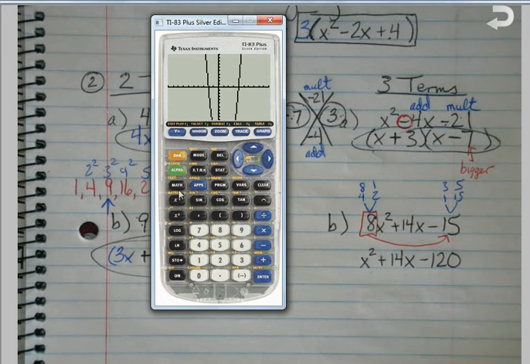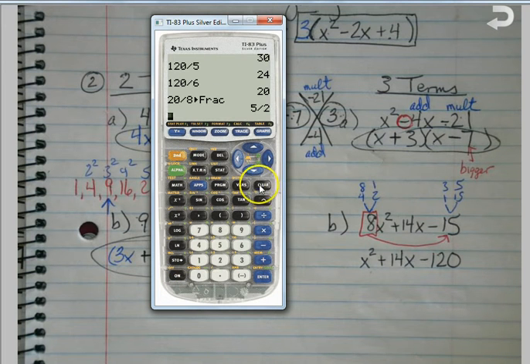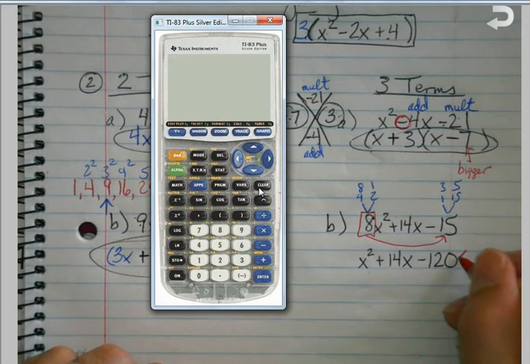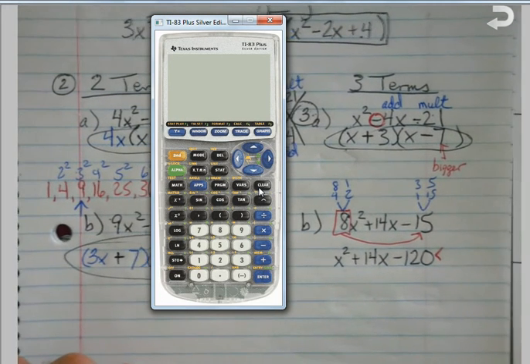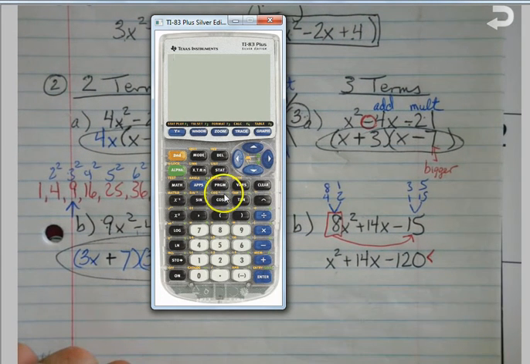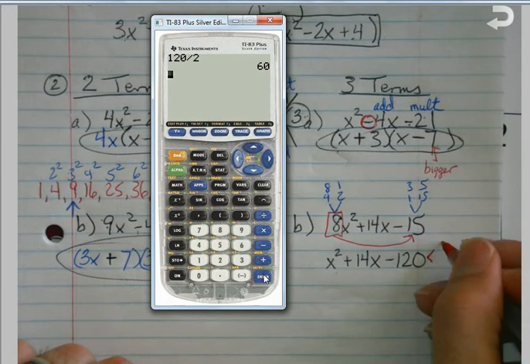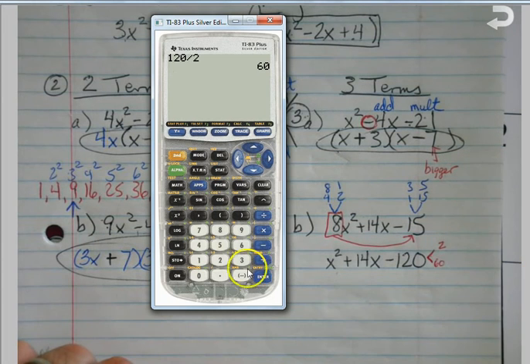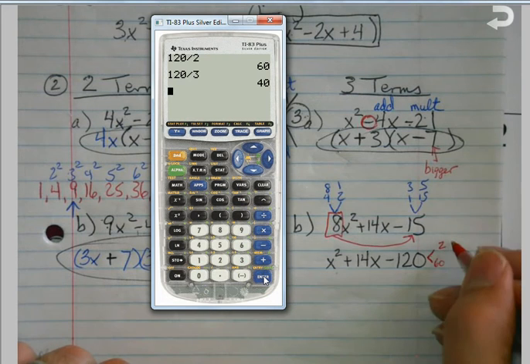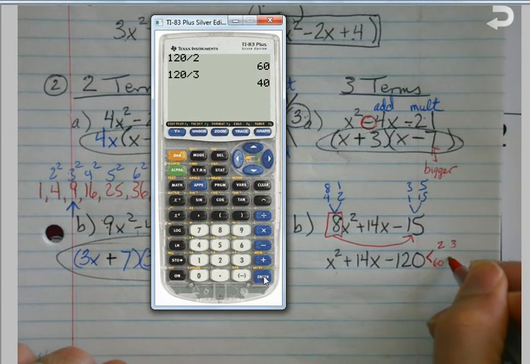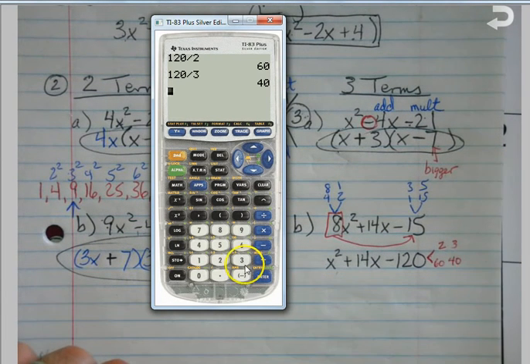If you have no idea what multiplies to 120, we are going to bust out the old handy-dandy calculator, and we are going to go one by one. I'm not going to do 1 because we already know what that is. I'm going to start dividing numbers in, starting with some of the smaller ones, and figure out these pairs of numbers until I find one that either by adding or subtracting is going to get me 14 apart.